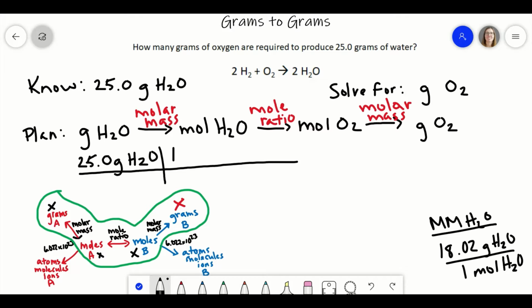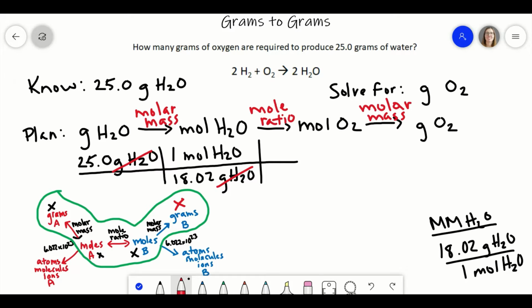So I'm going to write this as 1 mole of H2O over 18.02 grams of H2O. When I do that, my units of grams of H2O cancel out, and I'm left in units of moles of H2O.